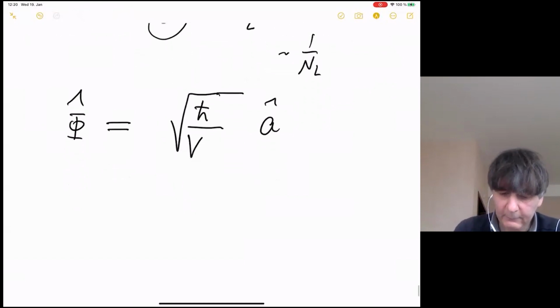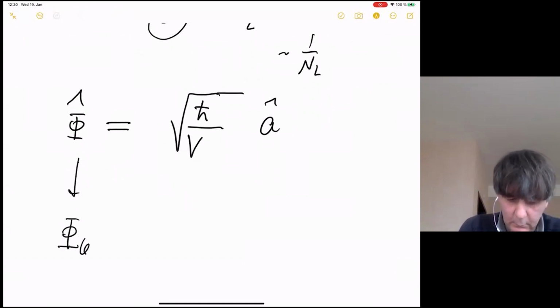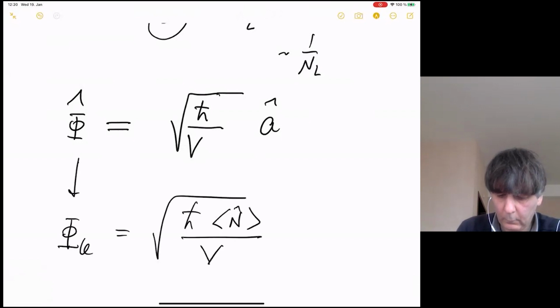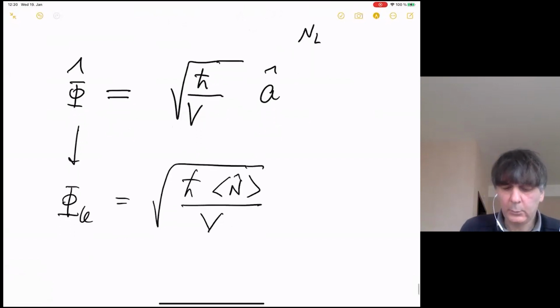Therefore, we know that the classical field effectively is this object. Sorry, let's call it N capital. Okay, so this is the important dictionary.